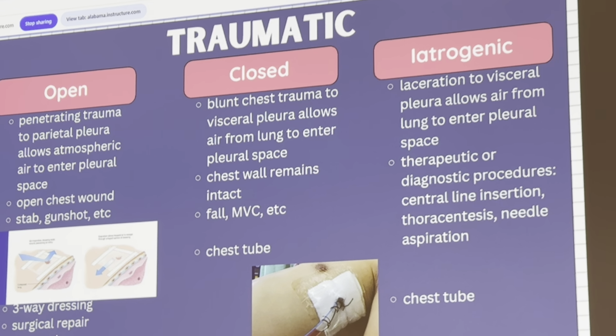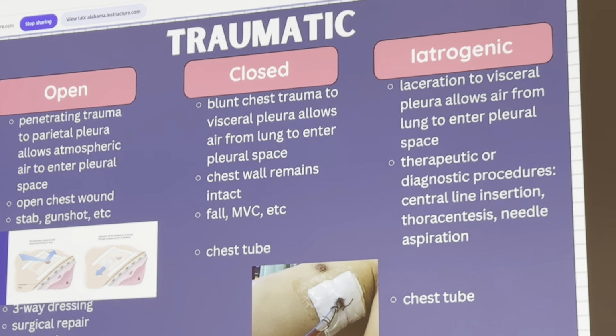So big things: some type of knife stabbing, some type of gunshot wound, maybe some type of motor vehicle wreck, or some type of workplace accident where they fall on a pipe or something and it causes this open wound. It's introducing that hole into that pleural space, causing a pneumothorax within that intrathoracic cavity.